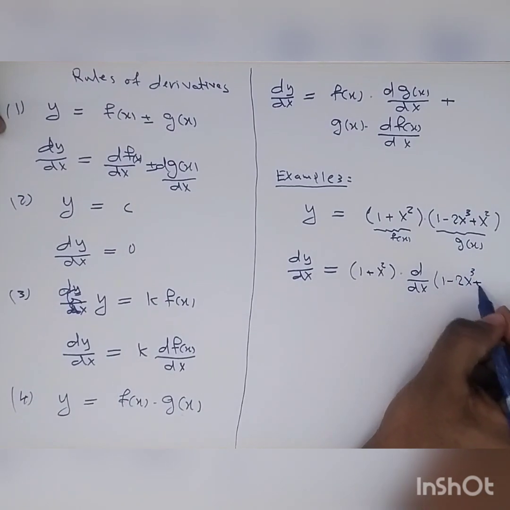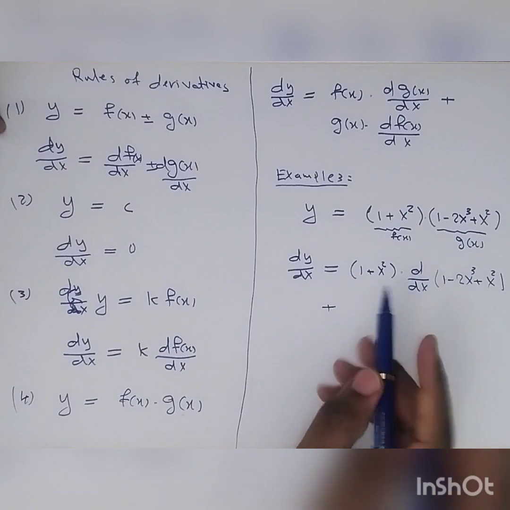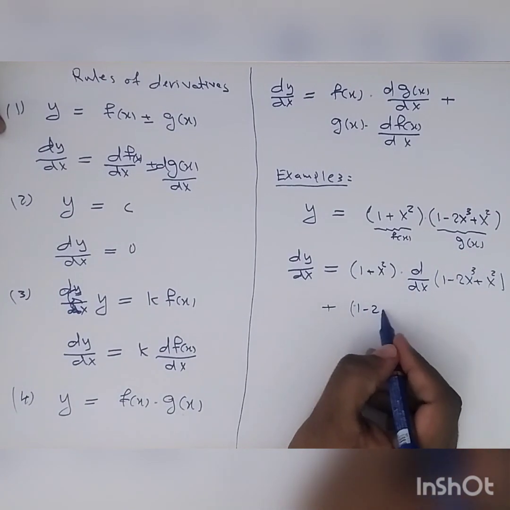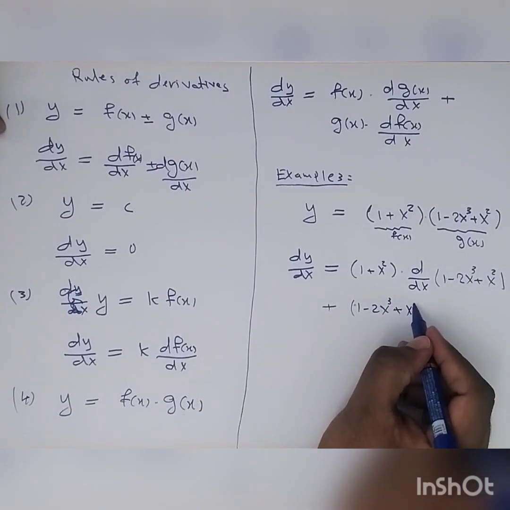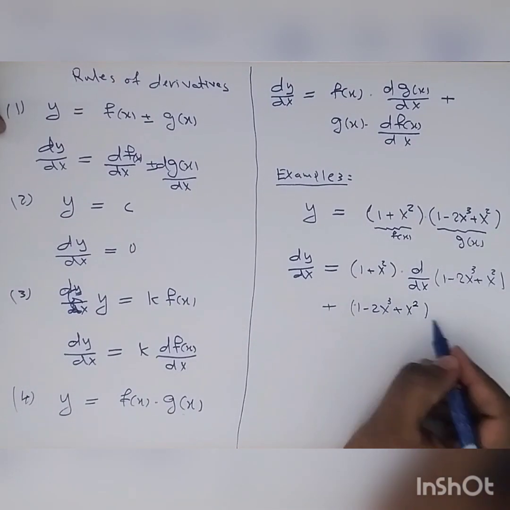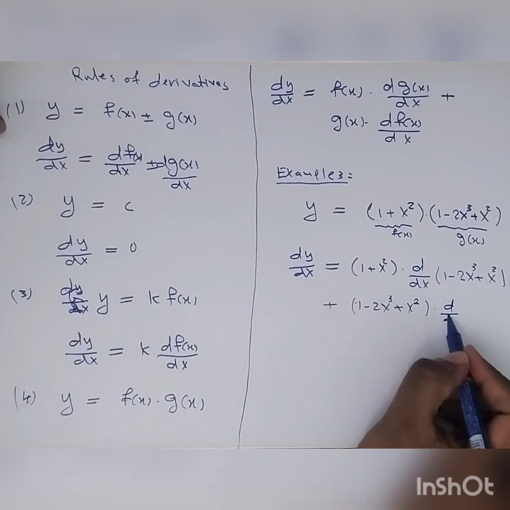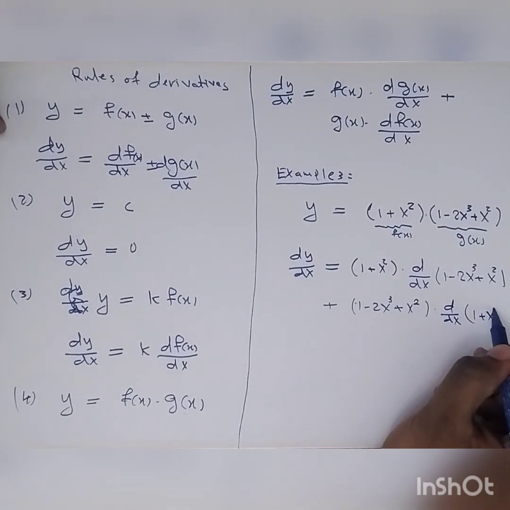This is the first step before we differentiate, we are just applying the rule. So d by dx of the second function, which is 1 minus 2x cubed plus x squared, times the derivative of the first function. So the derivative is d by dx for the first function, which is 1 plus x squared.